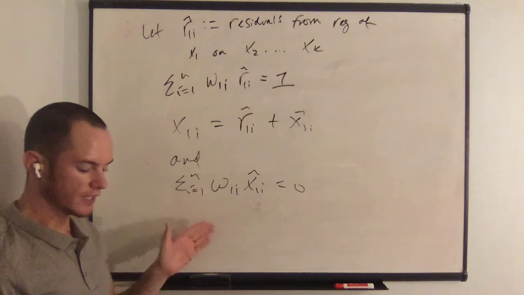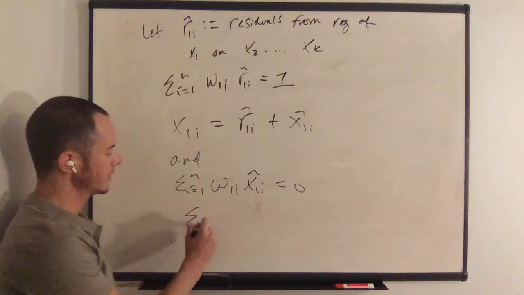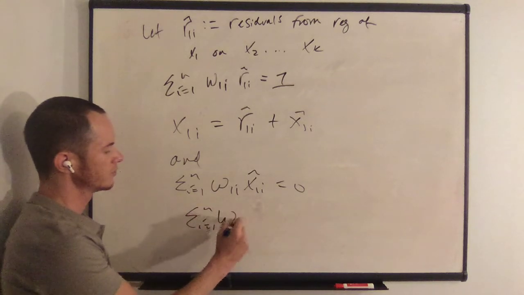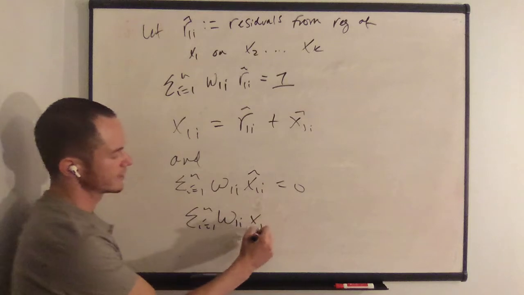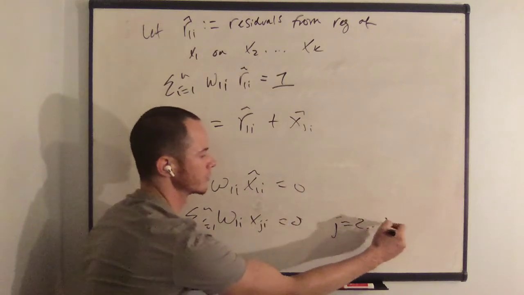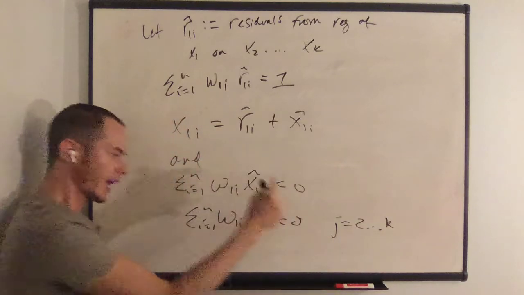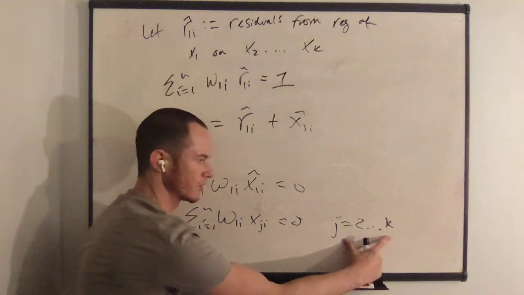So the constraints previously identified, that the sum from i equals 1 to n of w1i xji equals 0 for j equals 2 through k, apply to this, because the x1i hat are linear combinations of the j equals 2 through k.